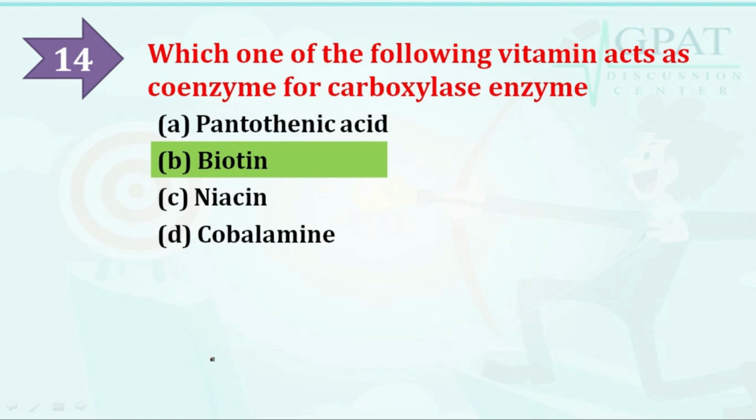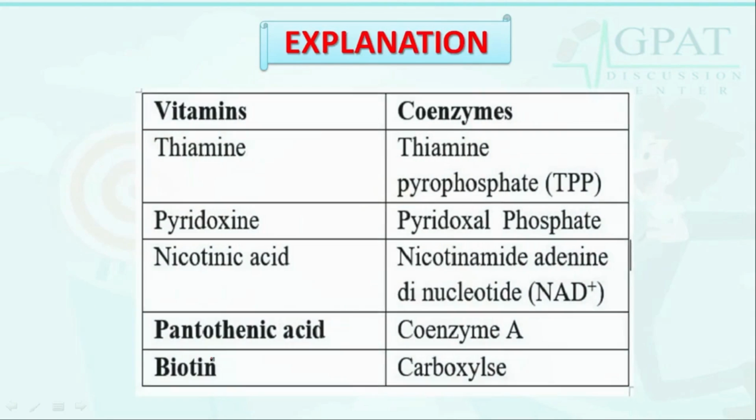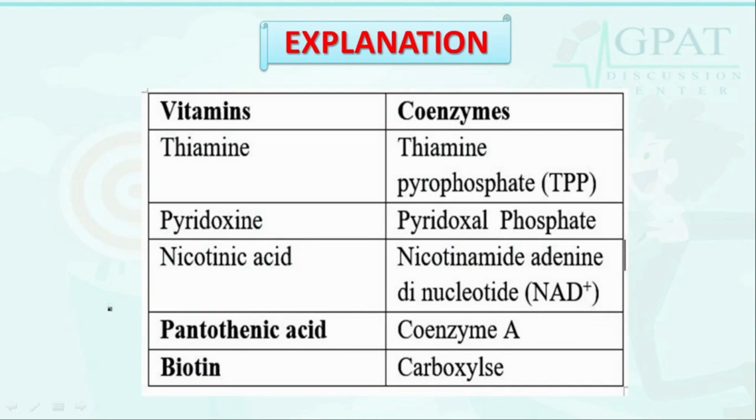Biotin is the vitamin which acts as a coenzyme for carboxylase enzyme. So let's discuss in brief. Here we have vitamins and their coenzymes. In case of thiamine, the coenzyme is thiamine pyrophosphate, TPP, and in case of pyridoxine, the coenzyme is pyridoxal phosphate.